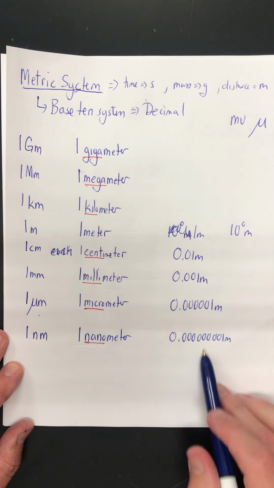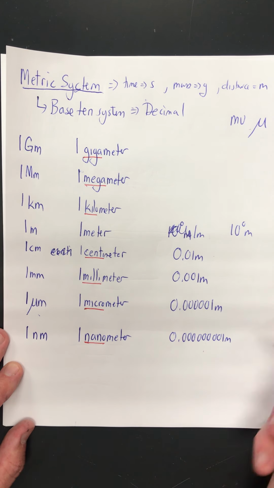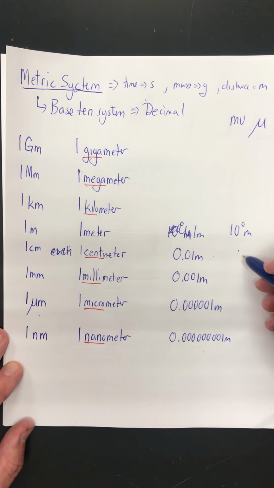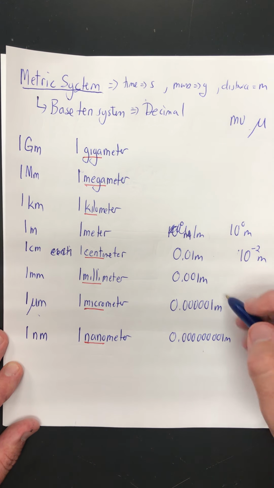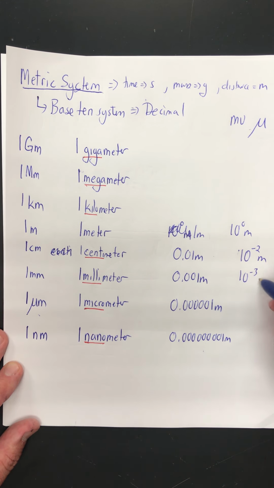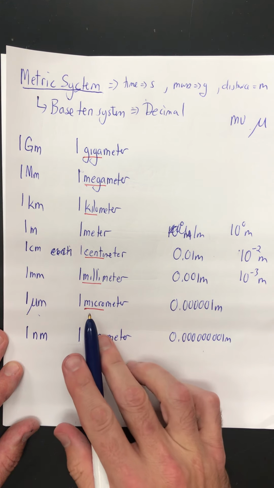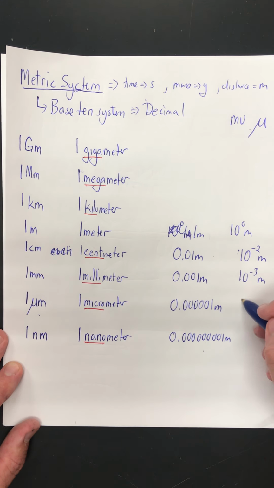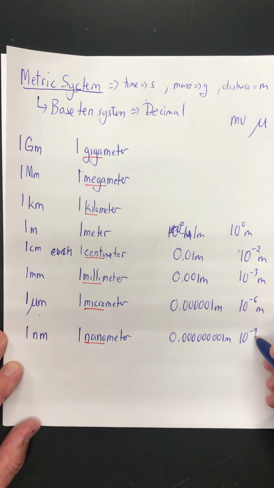Okay, now those look weird, but if I put this in scientific notation, patterns start to emerge. This is 10 to the negative 2 meters. This is 10 to the negative 3 meters. Micro as millionth is 10 to the negative 6 meters. Here, 10 to the negative 9th meters.